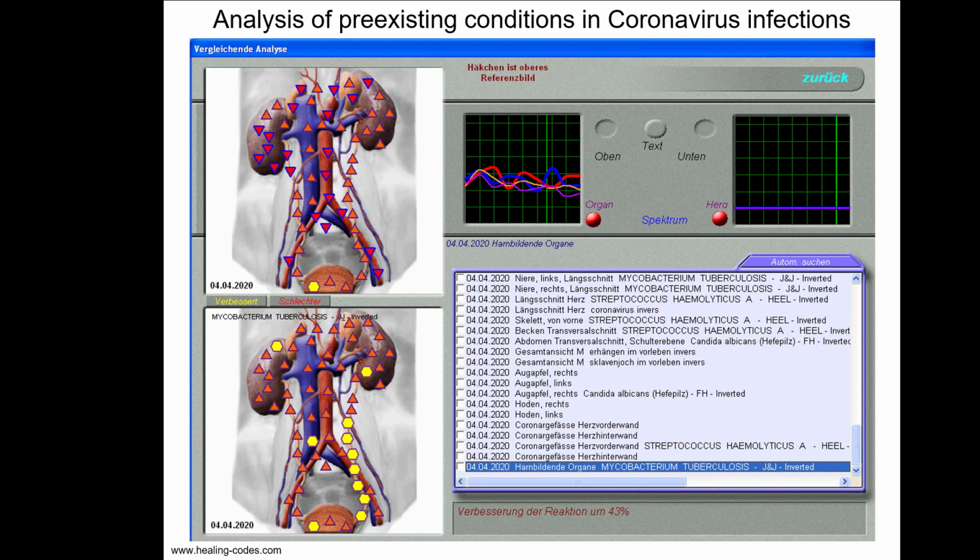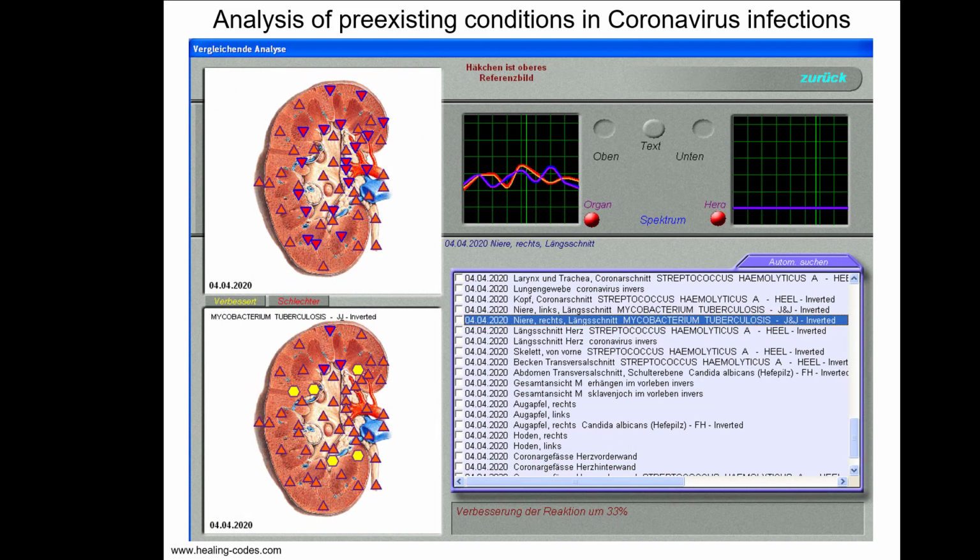Traditional Chinese medicine describes the kidneys as the seat of the life energy. And indeed, experience teaches that people with an informational burden of tuberculosis on the kidneys have limited life energy and are correspondingly more susceptible to infection than others who have good kidney energy.